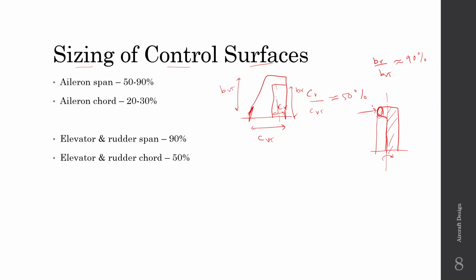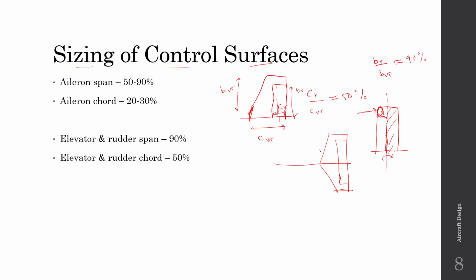It is not usually used to control the aircraft, but it may be used to balance the control surface. So for rudders this is the case, and it is also the case for elevators. So if this is the wing, and this is the aircraft center line, and these are the horizontal tail, then the rudder chord is less than 50%.